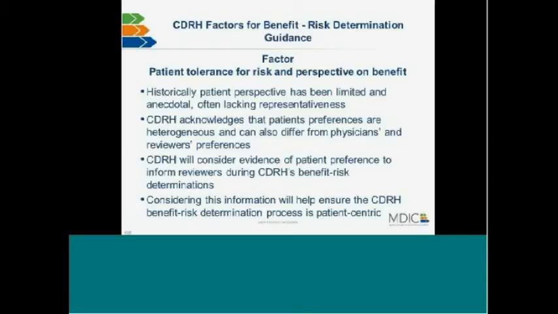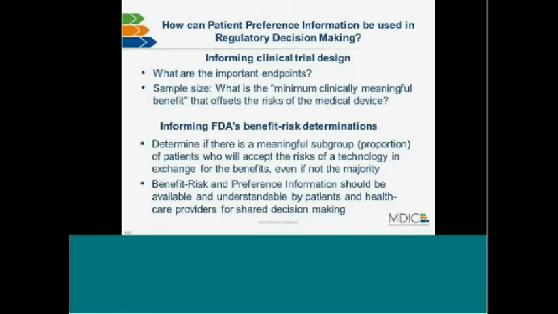So we wanted to get some patient preference into the mix. So in that guidance, we say that CDRH will consider evidence of patient preference to inform reviewers and to inform our benefit risk determination. And considering this information, we'll make sure that our decisions are patient-centric.